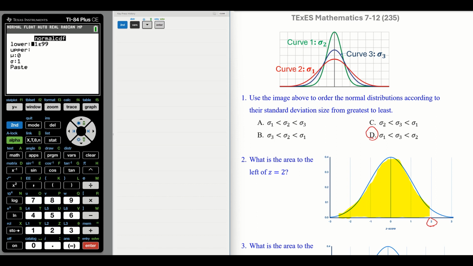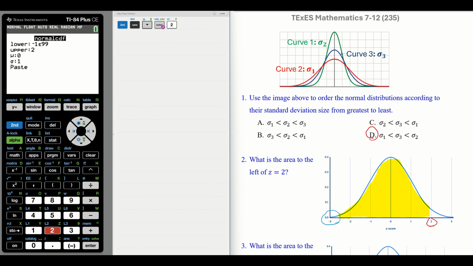It is pre-calculated into your calculator, which I've always liked. That would be saying, okay, here's your low end. Now your 2 is your upper end. So that's convenient. And we can just say enter, put 2.